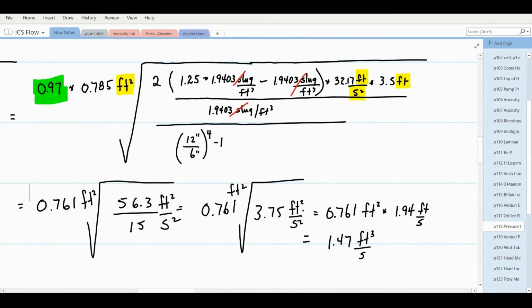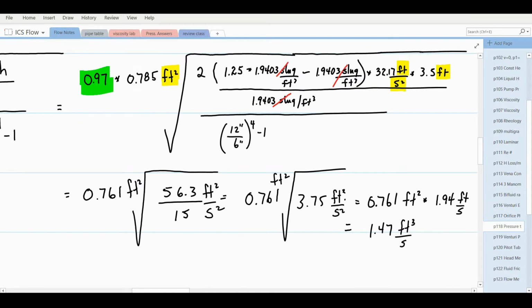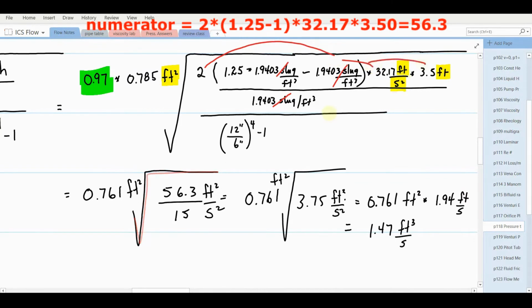In the numerator, we can factor out the mass density of water, and then that divides by 1.9403 in the denominator of the numerator, which makes life a little bit easier. So we have 0.761 square feet times the root of the numerator, 2 times 32 times 3.5. Here we have 56.3, divided by 2 to the 4th power, 16 minus 1 is 15, feet squared over second squared.